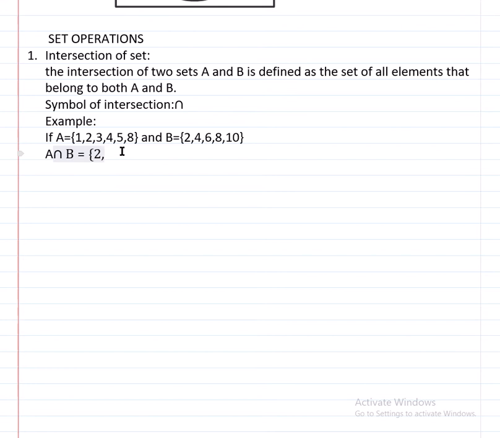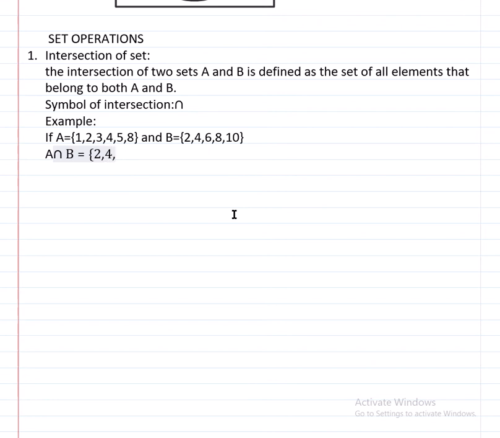Let's look at 3. We have 3 at A, but we don't have 3 at B, so 3 is not part. Let's take 4. We have 4 at A, so it intersects with B. So 4 is part.